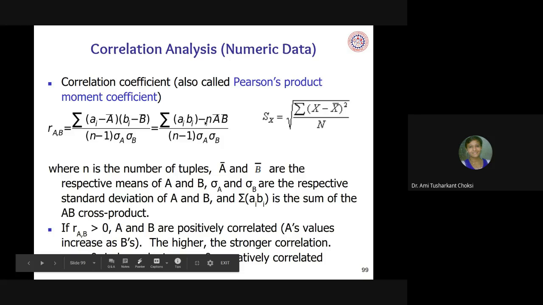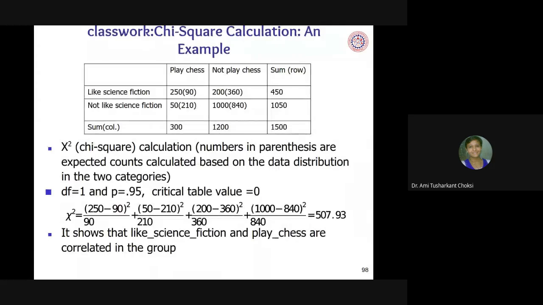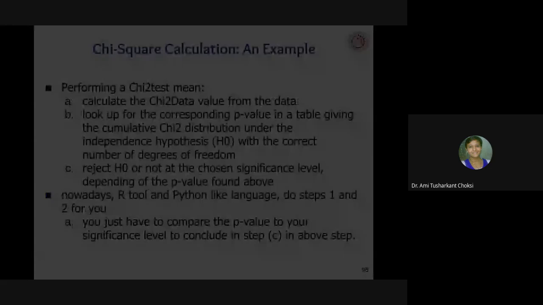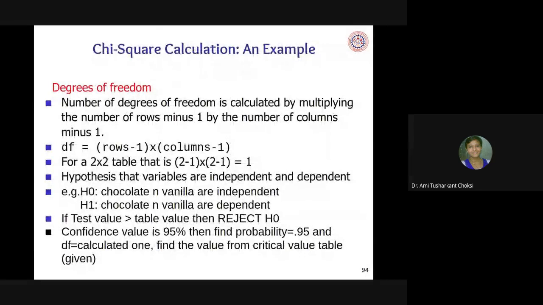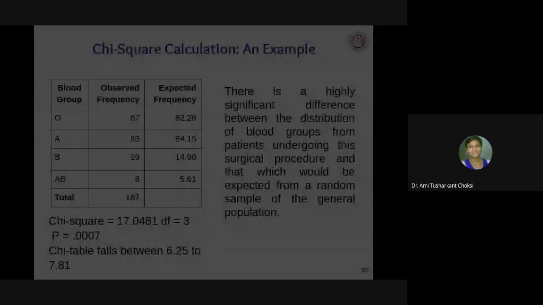Correlation coefficient, correlation analysis we want to have. What did we do? That was the chi square test, okay? With the chi square test, we find whether two variables are related or not, right?